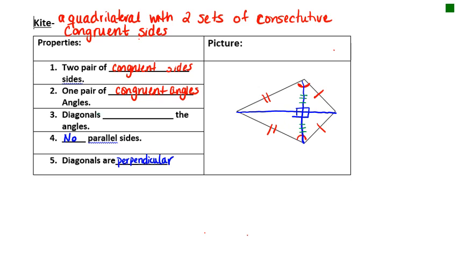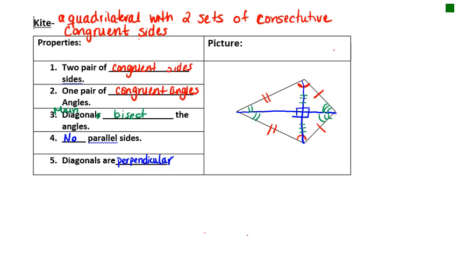And also, we're going to change this so it says the main diagonal bisects its angles. So it splits this angle into two congruent pieces, and it splits this angle into two congruent pieces.